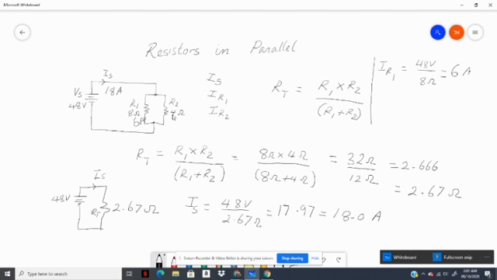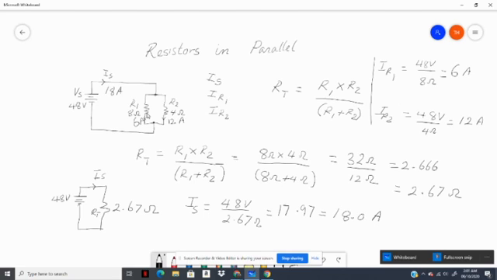And what is the current flowing through the 4 ohm resistor? I R2 is equal to 48 volts divided by 4 ohms, which is equal to 12 amperes. So the current flowing through R2 is 12 amperes.